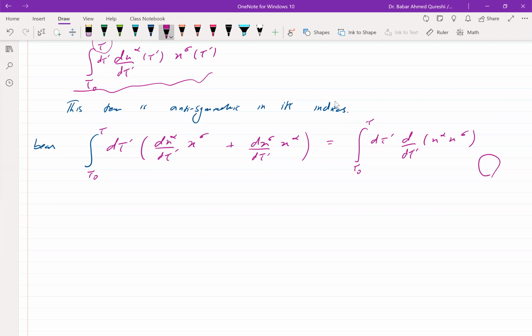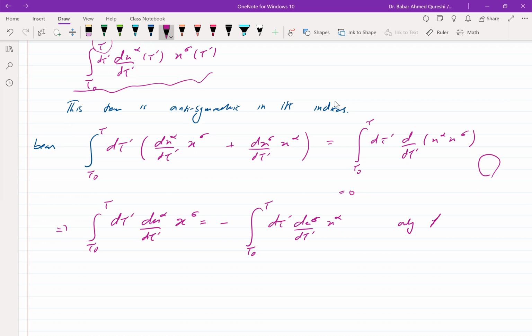So this is equal to 0. So this means tau naught tau d tau dash dx alpha, when I have reversed. So if I reverse the indices, the integral changes the sign.